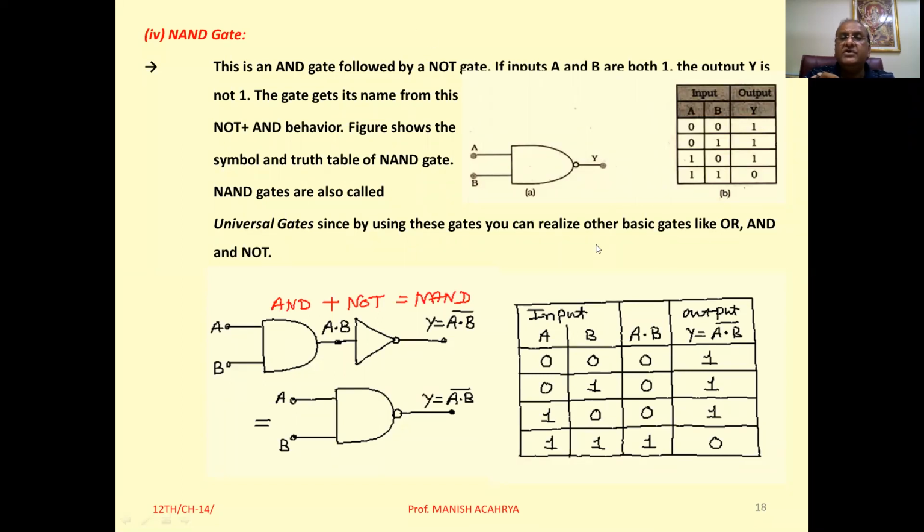Clear? So here you can see this thing. Now for the NAND gate, if all the inputs are present, you are not getting output. In any other combination of inputs, you are getting output. Clear? So in this way, you can understand this and easily remember it. Clear to all of you?